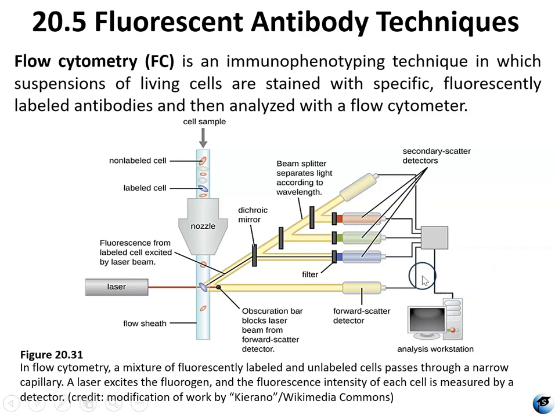And then that is analyzed using a laser. The laser excites the different fluorogens. The intensity of the fluorescence is measured, and it can tell you not only which antibodies and which antigens are present, but in what concentrations they are present in the sample.